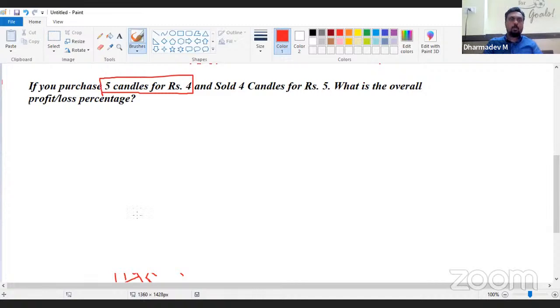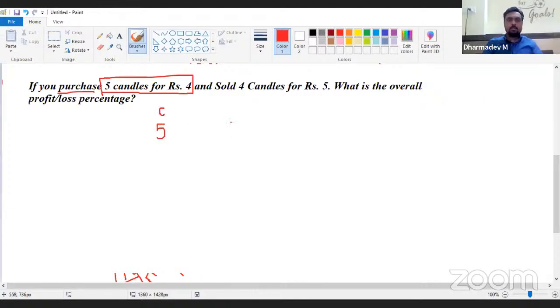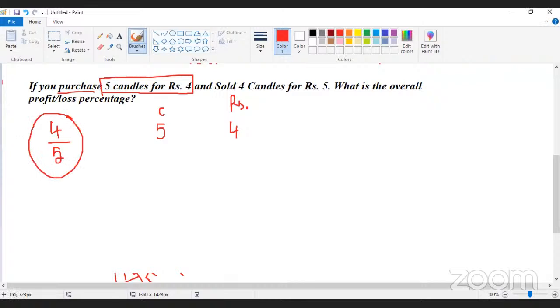How do you write it? 5 candles for 4 rupees, so it is 4 out of 5 rupees. Per candle, what is the cost of per candle? It is 4 divided by 5.